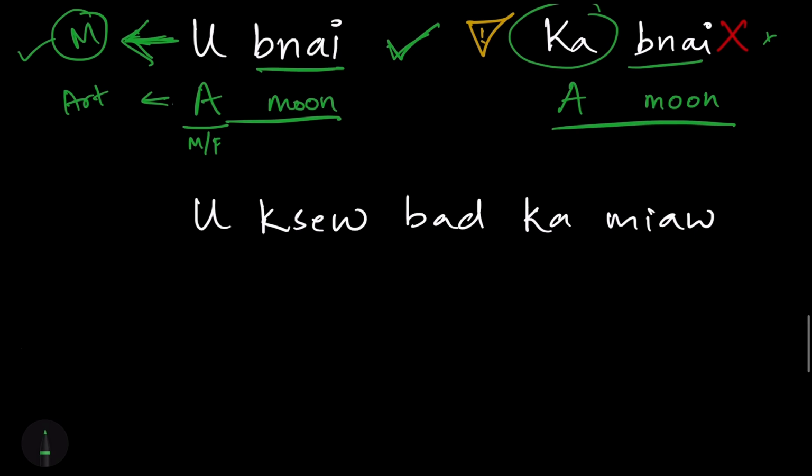Let's translate one simple example. U kso bad ka miau. Here, what do you think? Is this u and ka a pronoun or an article? Think about it for 5 seconds.